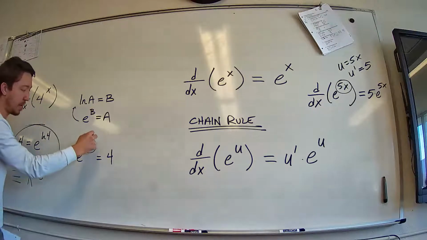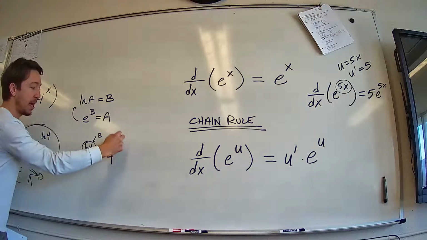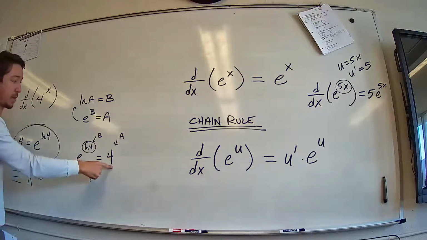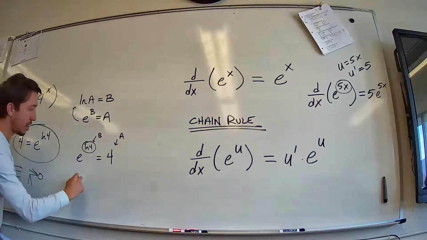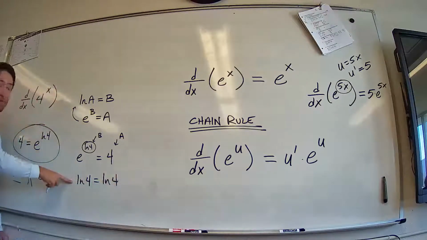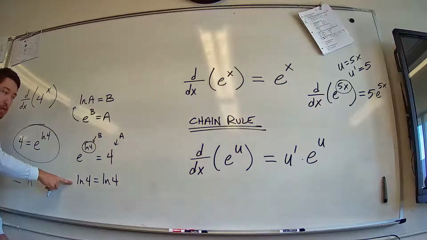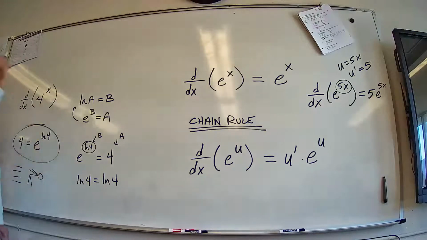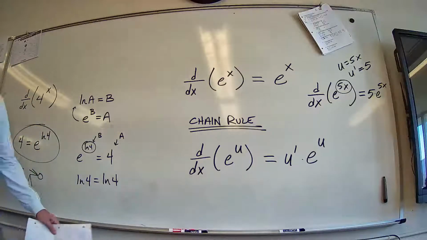This is my b, and this is my a, right? e to the b equals a can get written as the natural log of a equals b. Is that a true statement? Yeah, so that's a true statement. Is it making any sense?